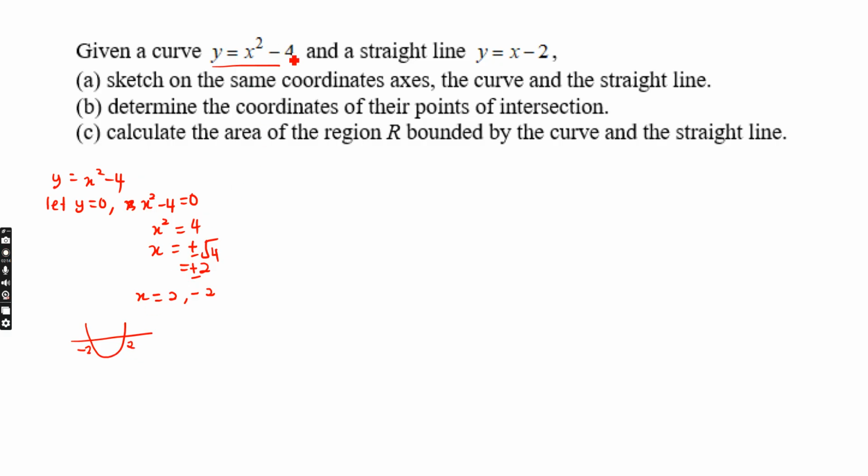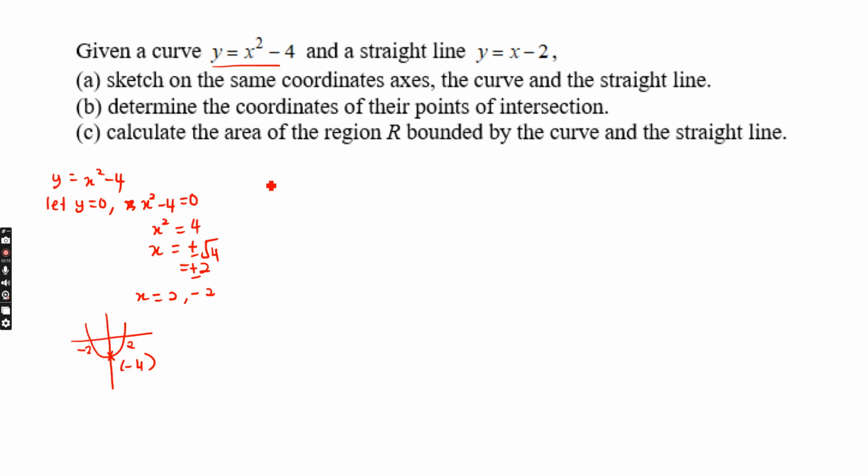Since this is a symmetric graph, which we don't have x to the power of 1, basically it is symmetry, and then this guy is your y-intercept. What should we call it? As the minimum point. Yes, minimum point, our c, which is we get -4. So this is what x squared minus 4 will look like in the graph later on.